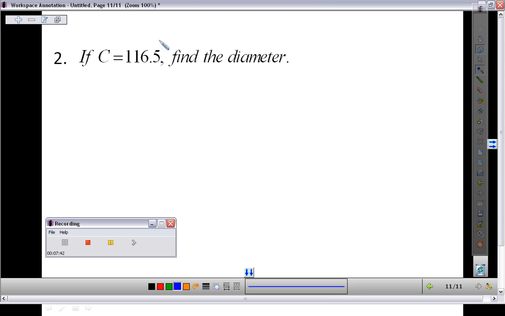But looking at this second example, if the circumference is 116.5, I don't have pi in my answer here. So again, my formula for diameter: circumference equals pi times the diameter. Because I don't have pi in my answer, I'm going to round and use 3.14 for pi. So my circumference, 116.5, equals pi, 3.14, times the diameter.